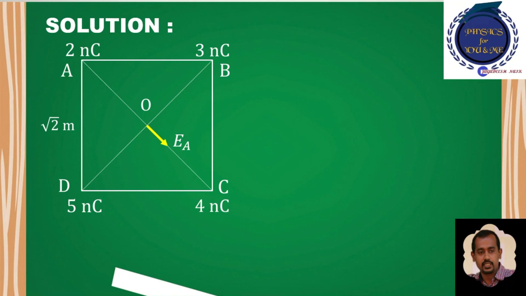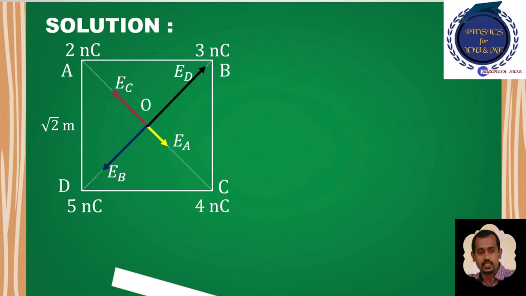The electric field at O due to the charge at A is represented as EA, and EB, EC and ED are represented by different arrows. They represent both their direction and magnitude.